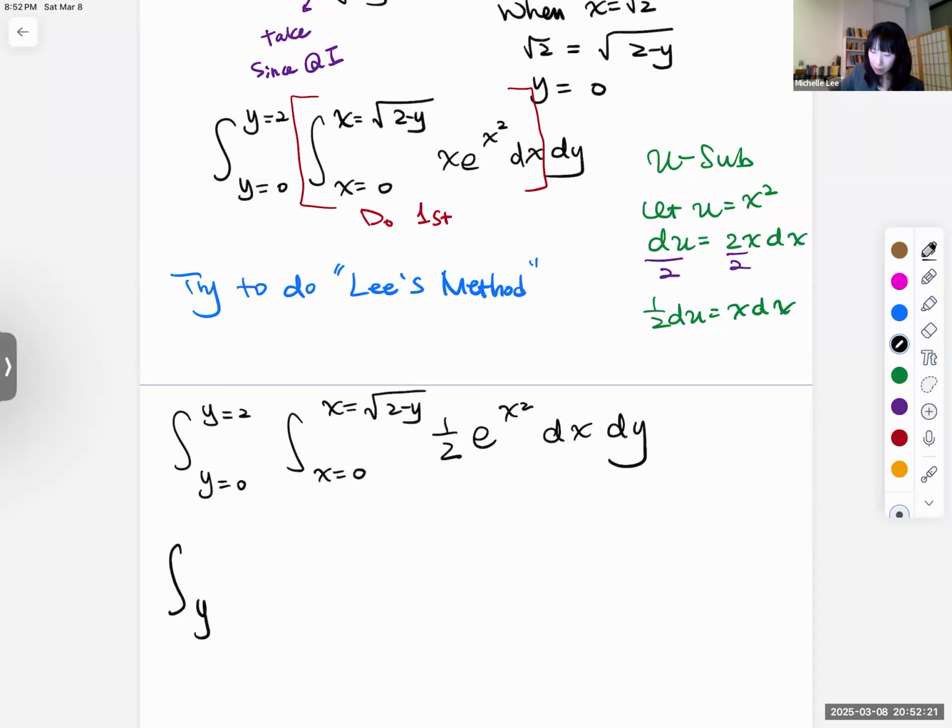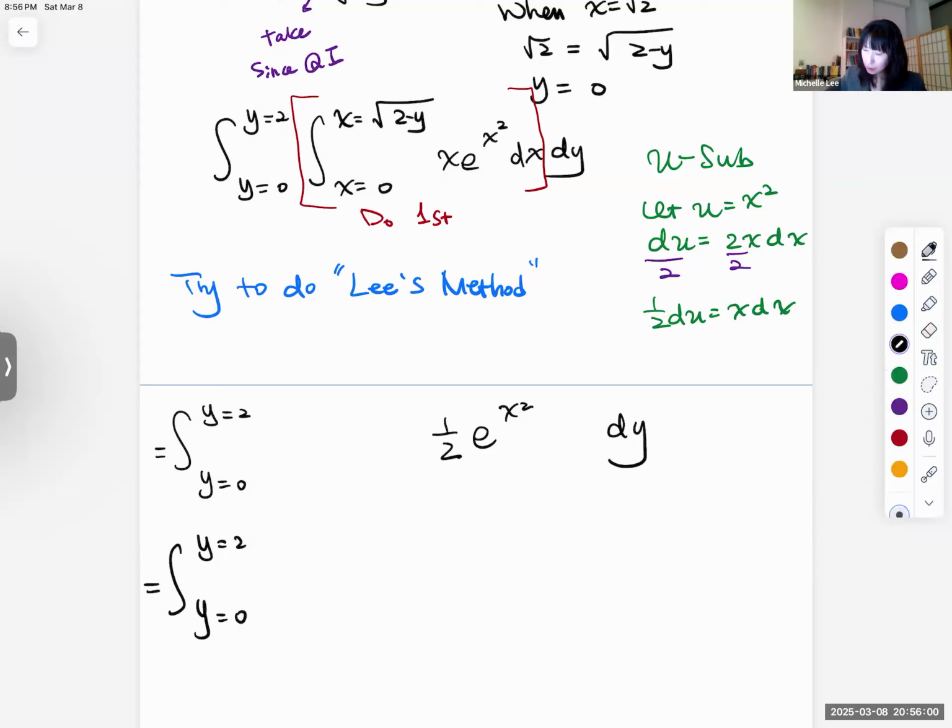Okay, now y equal to 0, 2. Okay, so I made a mistake again here. I don't know why, today I make a lot of mistakes.